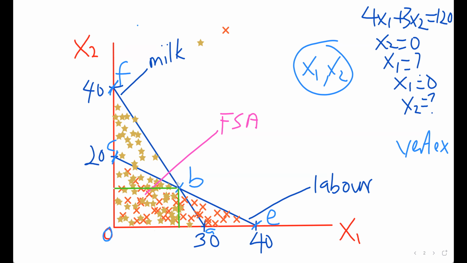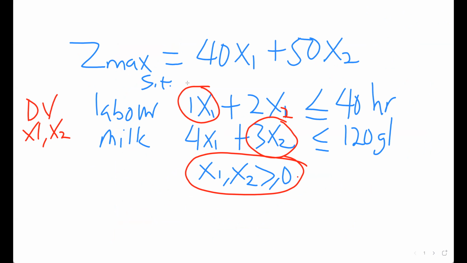When you look at the point here, you can only get to it by solving the equations simultaneously. Which equations? Go back here and you see these are the two equations. These two equations, you're going to solve them simultaneously, and whatever values you get will be the coordinates of B. So how do you solve the equations simultaneously?